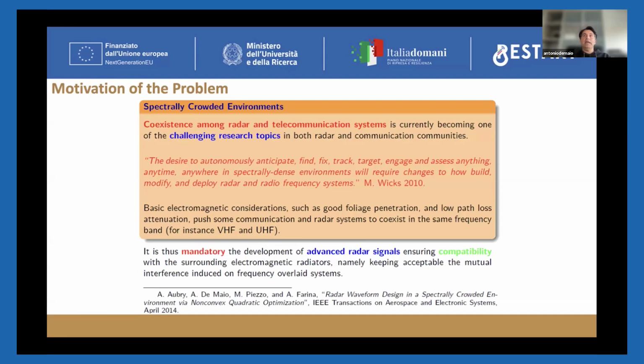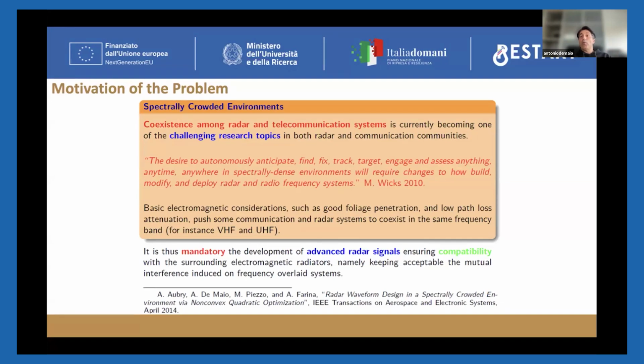This is because the RF electromagnetic spectrum is a limited natural resource, which is necessary for an ever-growing number of services and systems, such as mobile communications, radio and television broadcasting, and of course, for remote sensing.